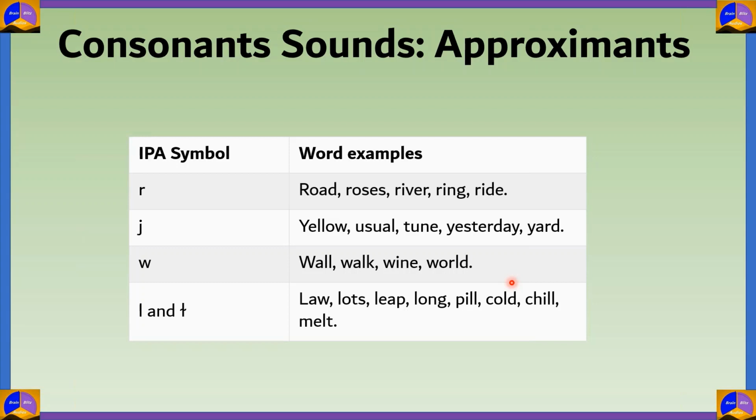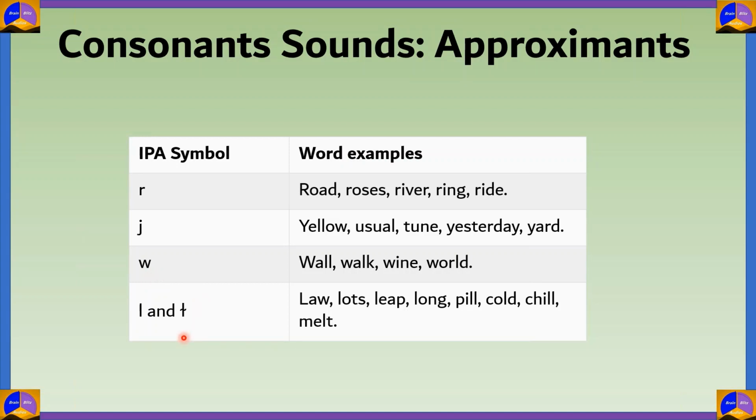So when you place your lips in a closed loop like that, and then push air through the small area, you get the sound w. Words such as wall, walk, wine, world, and even the word word use the sound w.